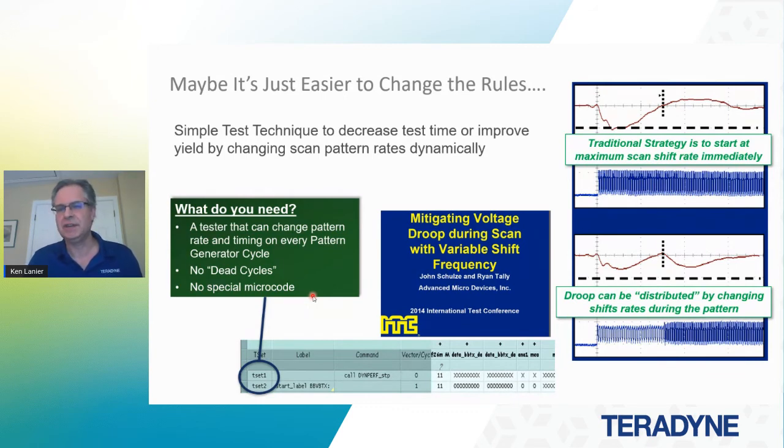Not a lot of people take advantage of this. Some do. Some actually bake it into their scan patterns. You can do it by pattern manipulation if you're upstream enough. But this is kind of a cool way to lessen this problem.